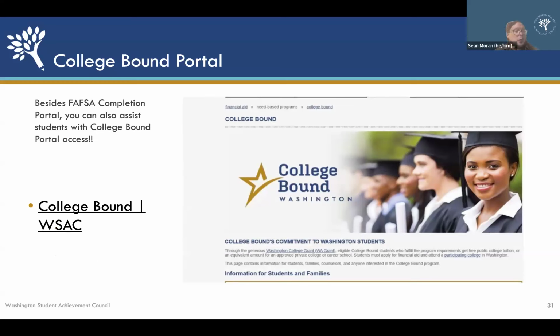So, College Bound Portal. I want to include this as well because besides the FAFSA Completion Portal, you can also assist students with College Bound Portal access. The College Bound Portal has a running list of the students who are currently auto enrolled into College Bound.